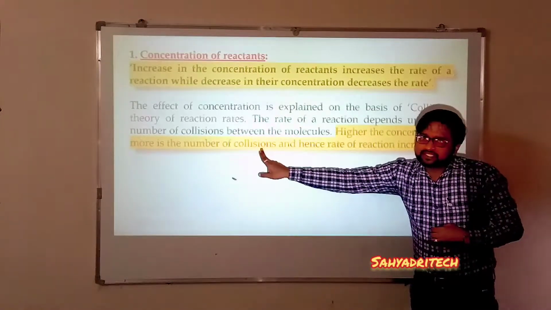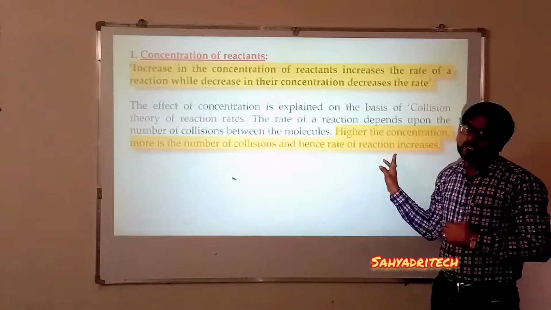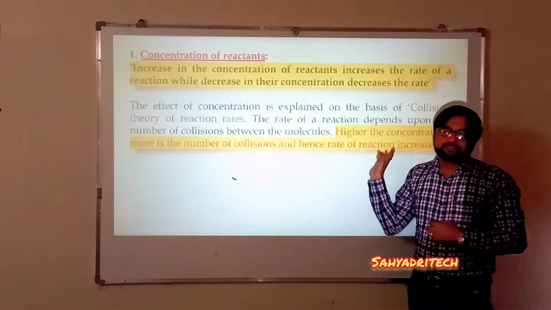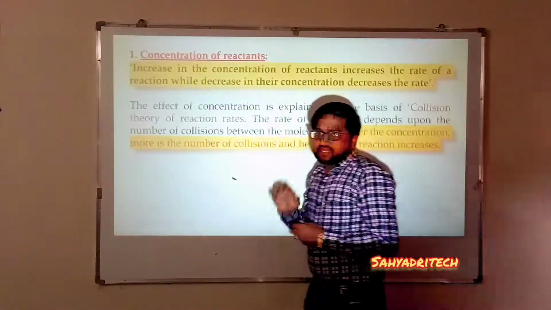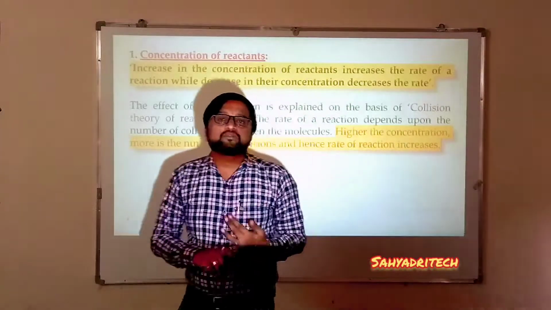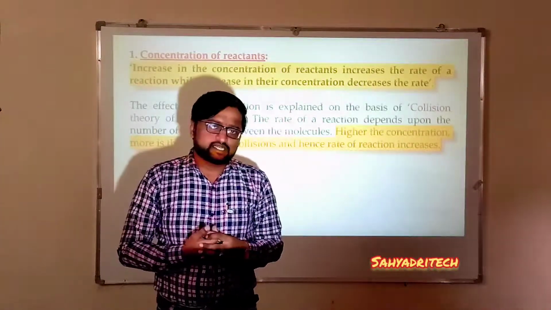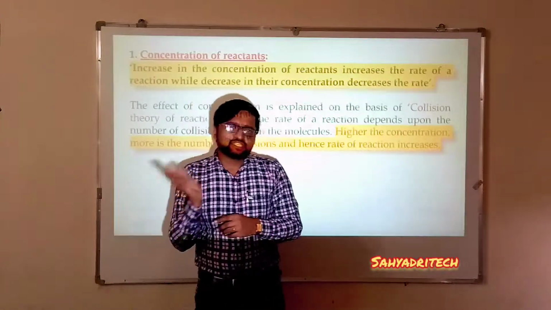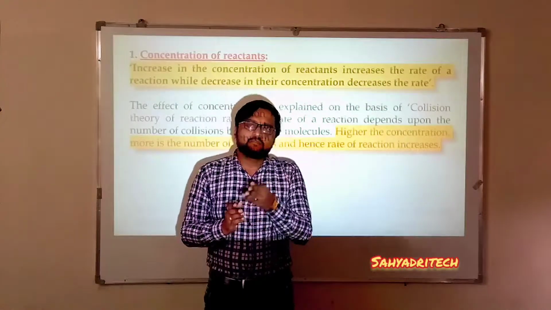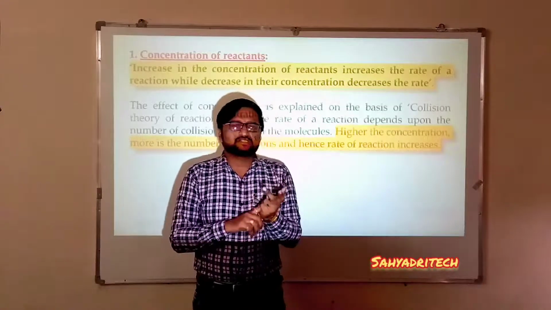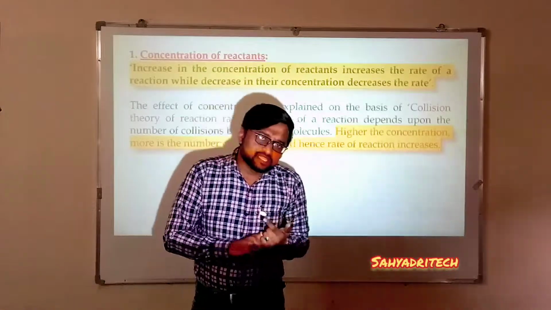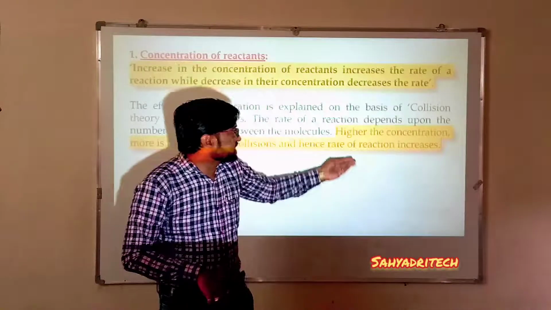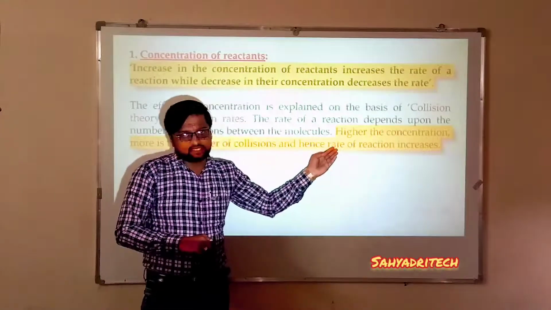If the number of collisions increases, the rate of a reaction also increases. So the effect of reactants can be explained with the help of the collision theory of reaction rates. As I already mentioned, if the concentration increases, what happens? The number of moles of reactant increases. Further, there will be an increase in the number of collisions, hence the rate of a reaction also increases.